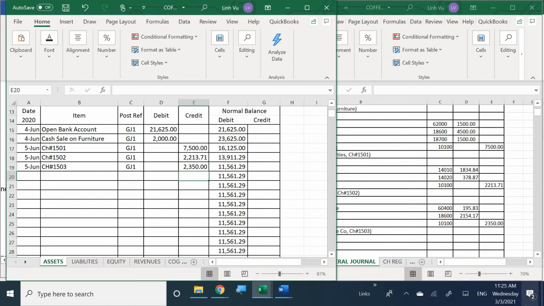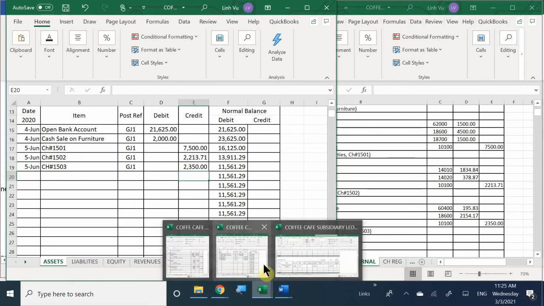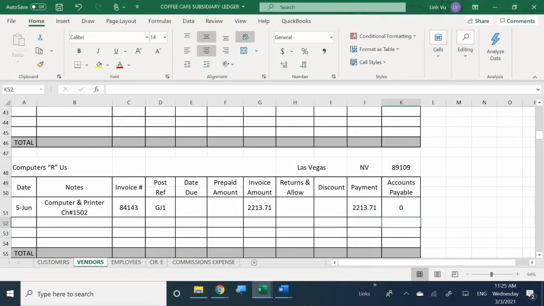All right. Now that I've finished my ledger, the last thing I have to do is update my subsidiary ledger. Let's do that real quick. Subsidiary ledger. All right. Who is Sergeant Insurance to me? Vendor?